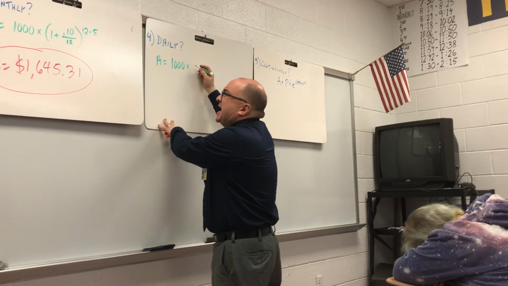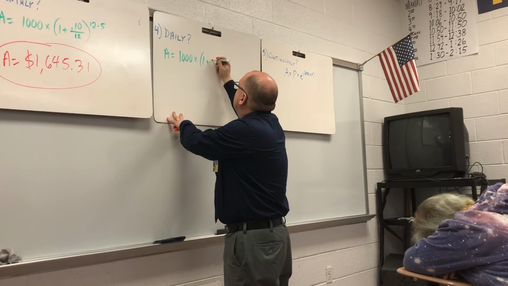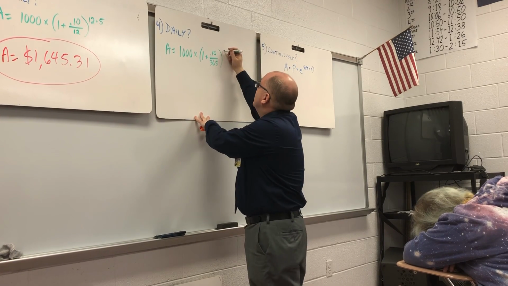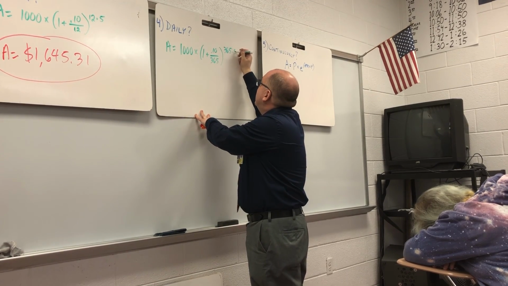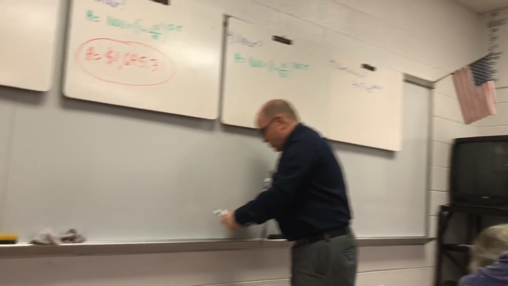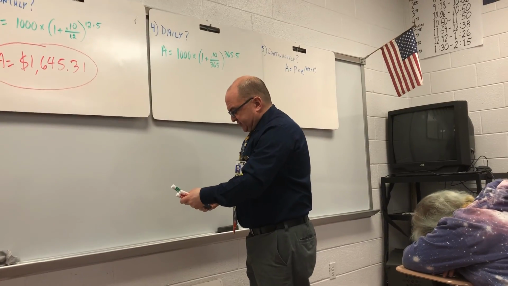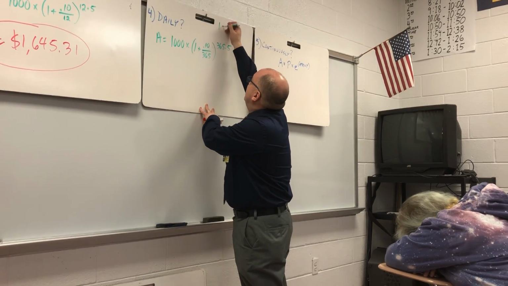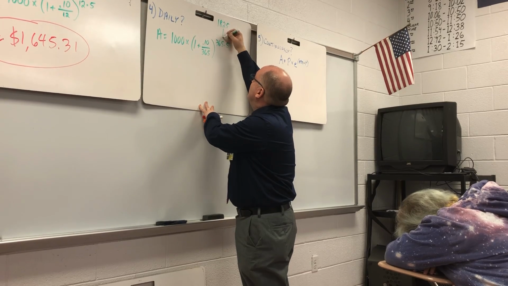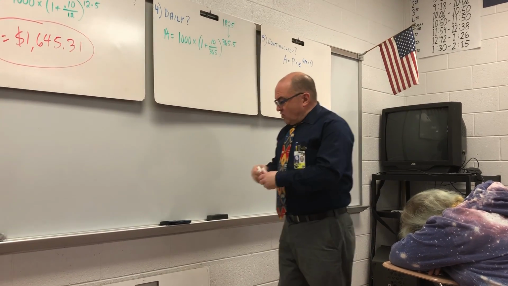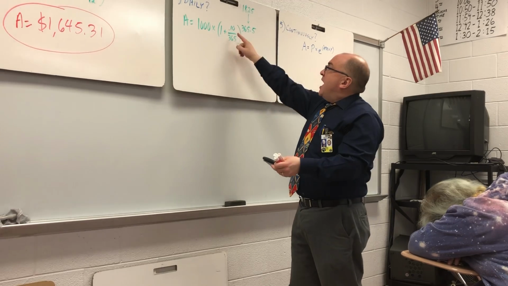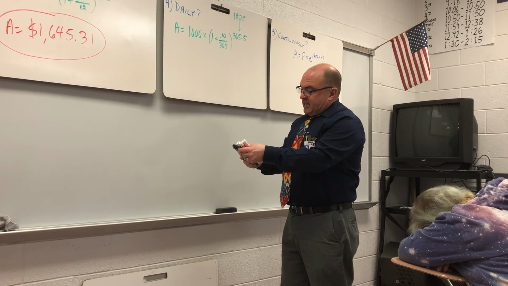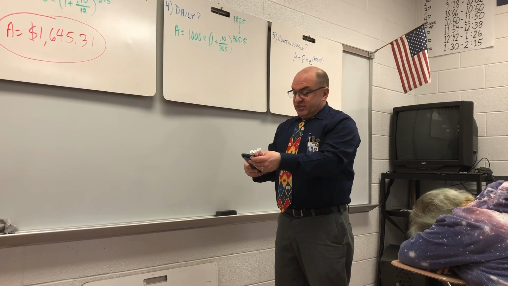All right. 1,000 times 1 plus 0.10 divided by 365, to the 365 times 5. What is 365 times 5? That is 1,825. So I'm going to do this in one step. I'm going to do 0.10 divided by 365 and hit equals, 0.00027.